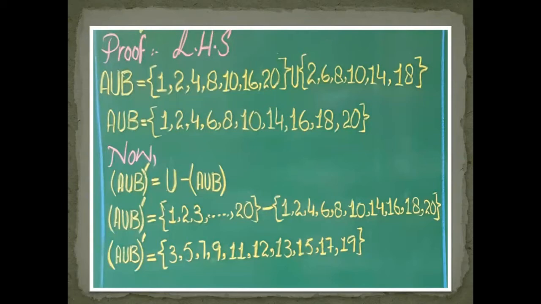So universal set minus A union B. The universal set contains elements 1, 2, 3, 4, 5, 6, 7, 8, 9 up to 20, minus A union B. Write the value from here and then write the remaining elements of the universal set, that is 3, 5, 7, 9, 11, 12, 13, 15, 17, 19. This is the left hand side.